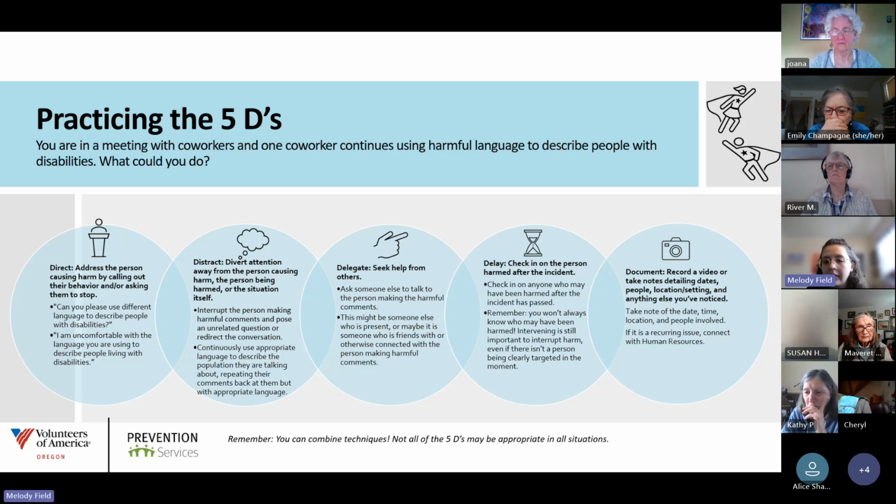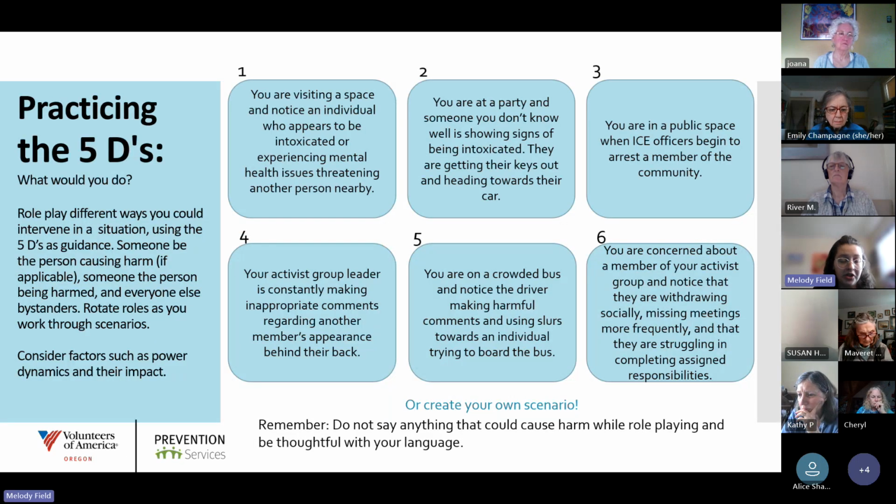And I see a comment from Emily. Yeah, there will be some scenarios where we'll get to work through more nuances coming up in just a moment. So we'll have a chance now to practice the 5Ds ourselves. I am thinking that there's enough folks to do some breakout rooms, in groups of 3.